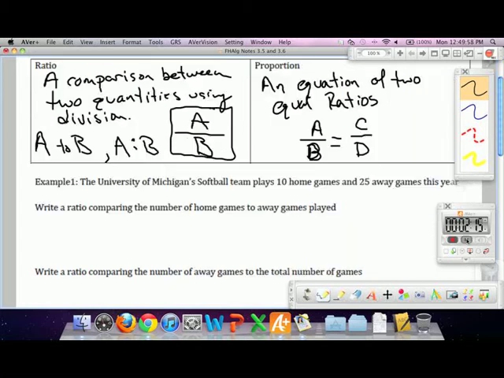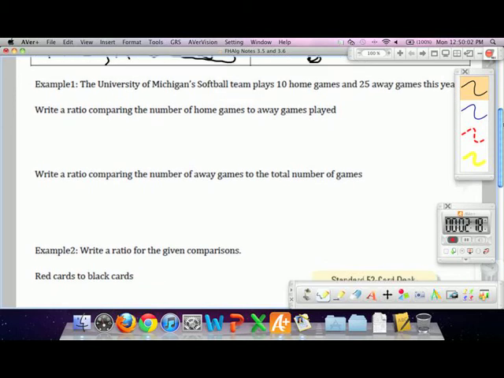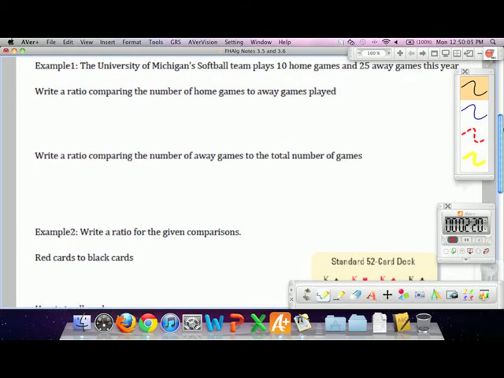Okay, so I want to write some ratios. Here's an example. Say the U of M softball team plays 10 home games and 25 away games this year. They're on the road a lot. The northern team has bad weather early on, so they play a lot of road games. Write a ratio comparing the number of home games to the number of away games. What's the first ratio we can set up? 10 to 25, 10 home games to 25 away games.